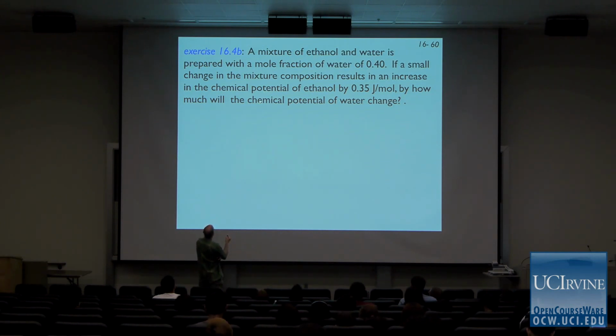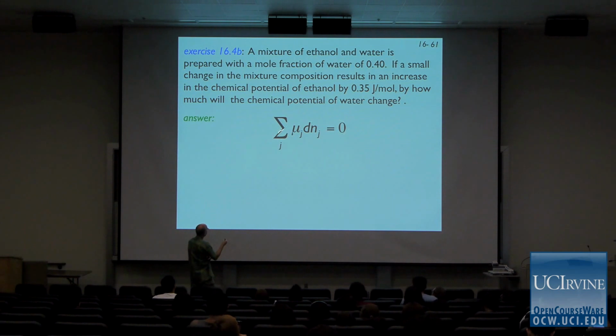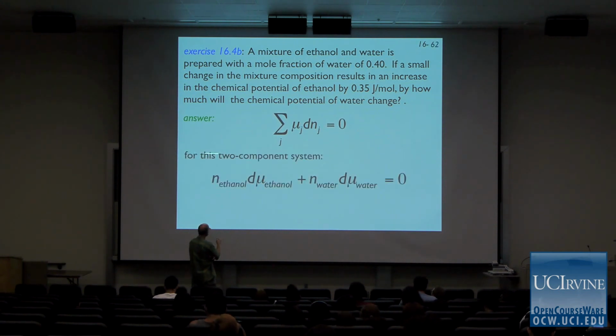Does it say that anywhere? It should say a mixture of ethanol and water at equilibrium. Okay, so we're going to use the Gibbs-Duhem equation. It's a two-component system, so we've got an ethanol component and a water component.